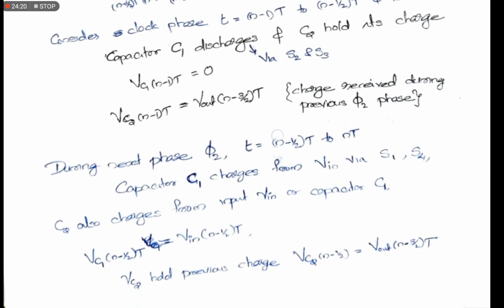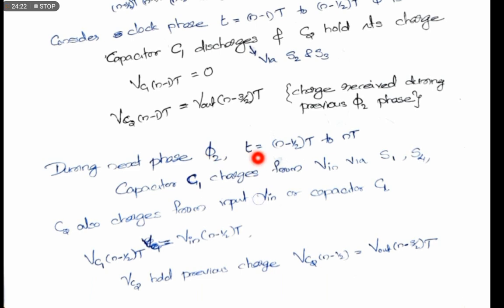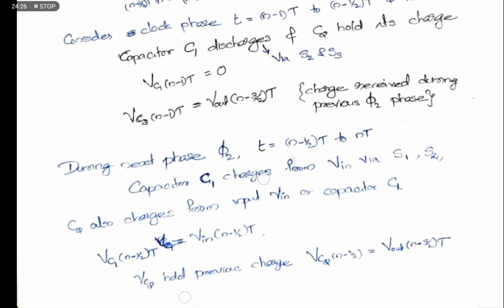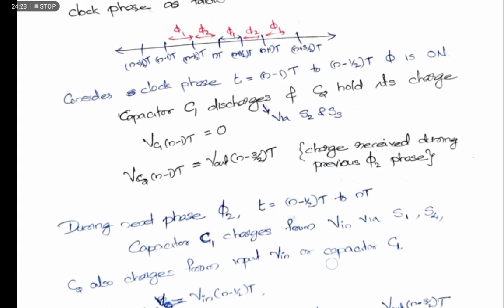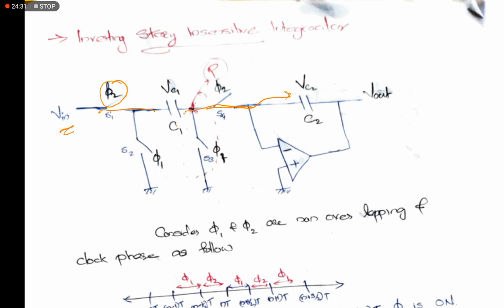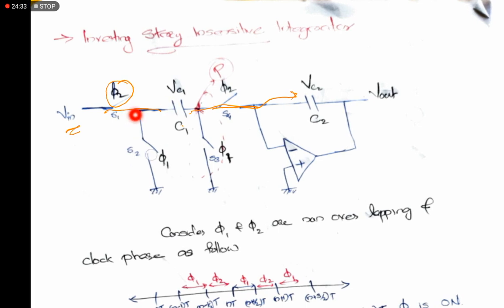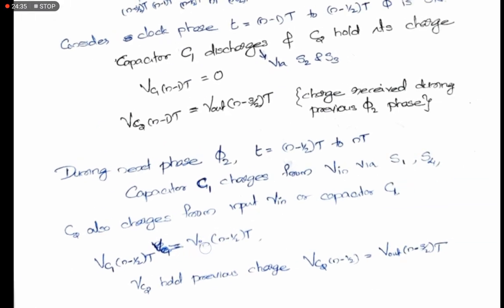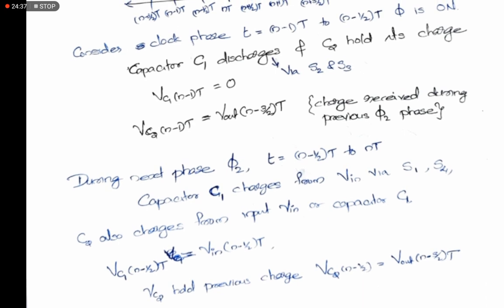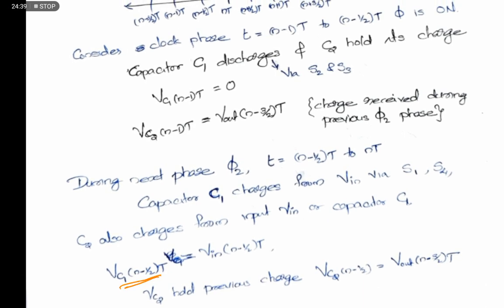And during phi 2 on, from t equal to (n minus 1/2)T to nT, capacitor C1 charges from Vin via S1 and S4, these two. And the voltage of capacitor C1 at (n minus 1/2)T equals Vin at (n minus 1/2)T. The output remains at that point itself.